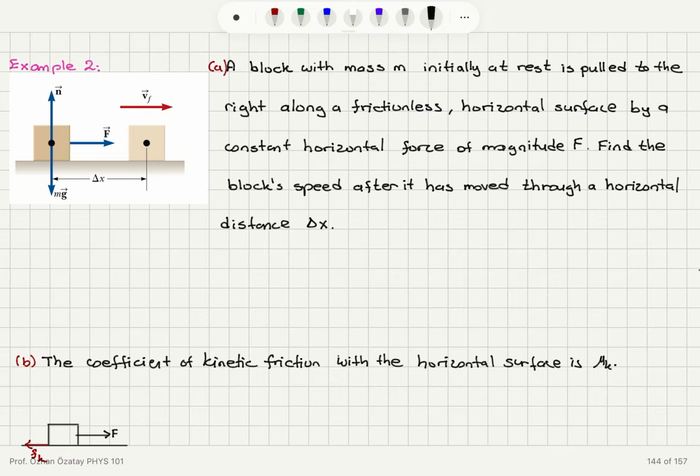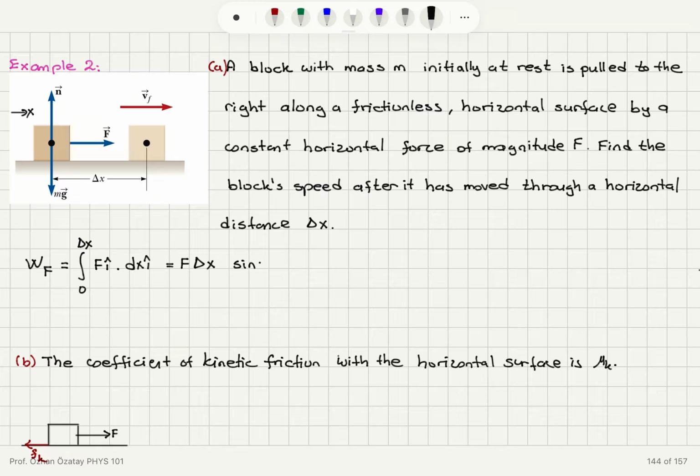So I'm going to calculate the work done by this force F. It is the integral from 0 to delta x of F i-hat dot dx i-hat. I'm assuming that this is my x-axis. And that's basically F times delta x, because F is a constant, it comes out of the integral.